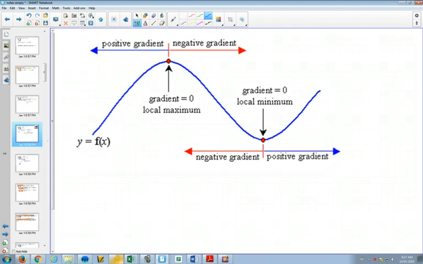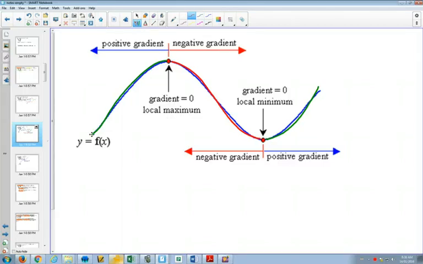So what do we notice about a function? If a function has a maximum, if you pick something before that, I'll color code this. Let's make this section before the maximum green, the section after the maximum to the minimum red, and the section after that minimum green again.